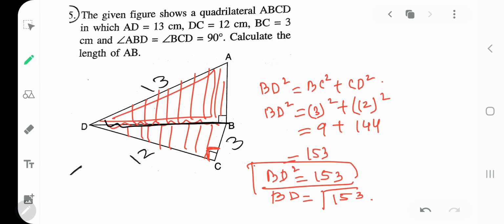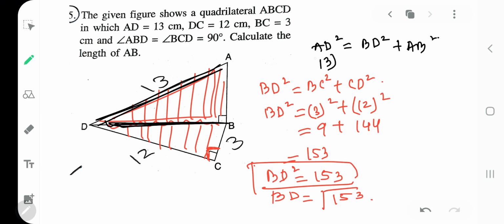So here in your upper triangle, this is your hypotenuse given AD. So we will write AD square is equal to BD square plus AB square. AD square will be 13 square. BD square is 153 plus AB square. Don't square again. BD square's value itself we have taken as 153, so we don't have to square it again.